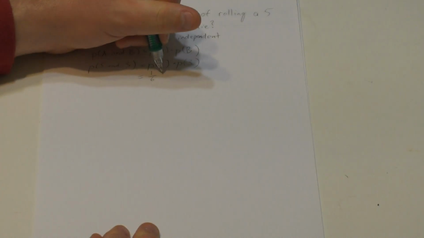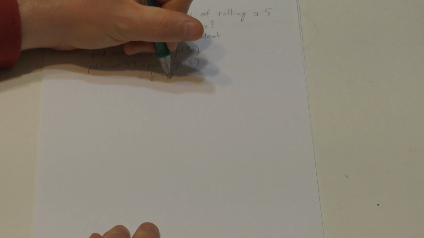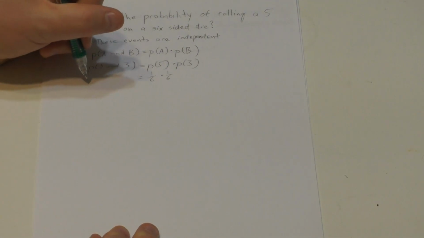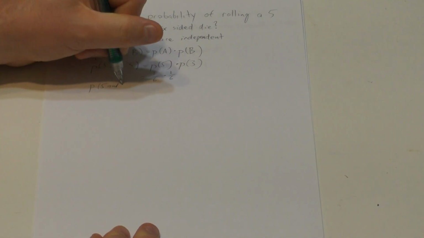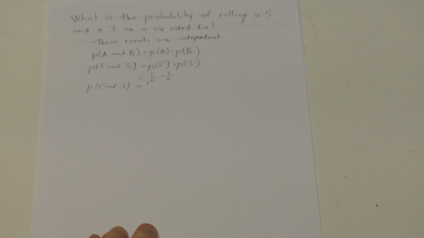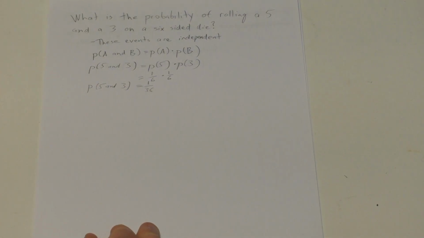The probability of rolling a 3 is only one side that's a 3 out of 6 sides. So we multiply those together: 1 times 1, 6 times 6, 36. So 1 in 36 chance. That's the independent event.